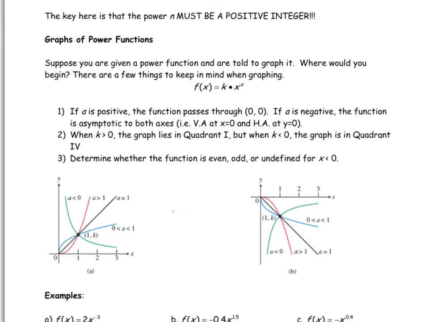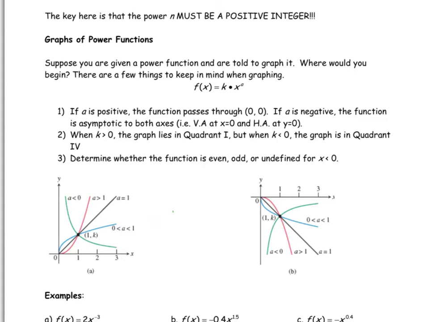Alright, now on this page it talks about graphs of power functions. I did a little review with you on some of the parent functions that we did in Algebra 2, to at least give you a starting spot. Okay, so suppose you're given a power function and you're told to graph it. Where would you begin? There are a few things to keep in mind when graphing f of x equals k times x to the a power.